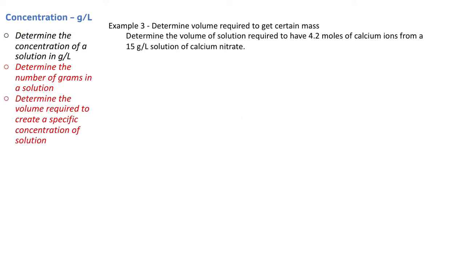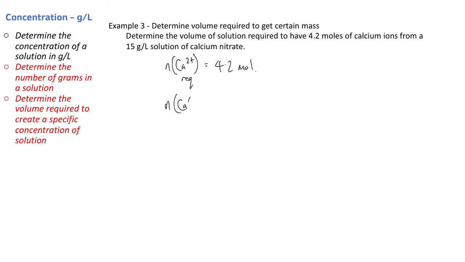Next, determine the volume of solution required to have 4.2 moles of calcium ions from a 15 gram per liter solution of calcium nitrate. So the idea is that, first of all, we require calcium ions. How many? 4.2 moles. We're going to get those calcium ions from calcium nitrate.